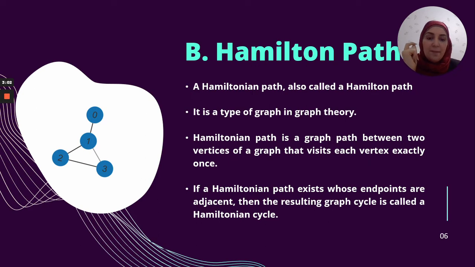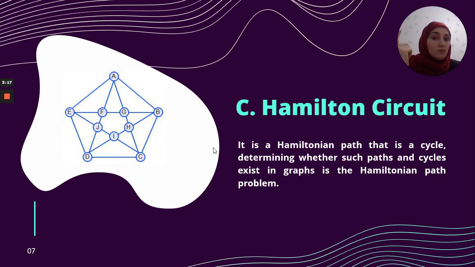If a Hamiltonian path exists whose endpoints are adjacent, then the resulting graph cycle is called a Hamiltonian cycle. What is the meaning of Hamiltonian circuit? It is a Hamiltonian path that is a cycle. Determining whether such a path and cycle exist in graphs is the Hamiltonian path problem.